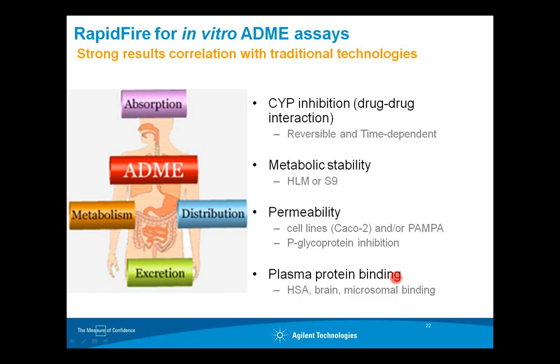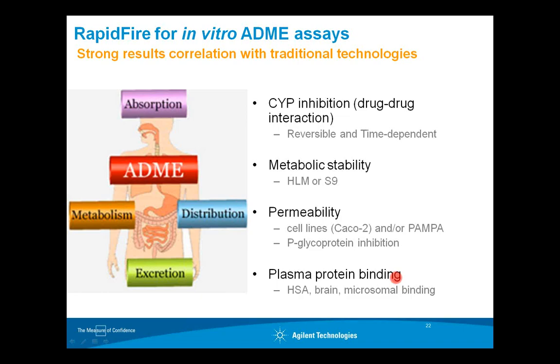Traditional in vitro ADME assays are analyzed using liquid chromatography mass spectrometry, and RapidFire thus can process the analysis approximately 10 times faster. So we're talking about lead discovery being a plate reader-based traditional screening type of assay, and RapidFire being able to accomplish working in a label-free environment and really taking advantage of the mass spectrometry.